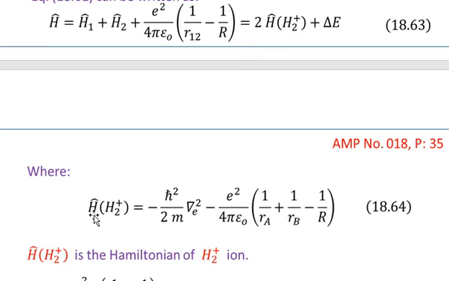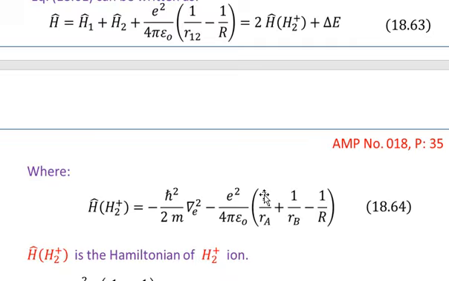That is the H operator for the singly ionized hydrogen molecule, or the molecular ionic hydrogen, which is equal to minus h bar squared over 2m del squared minus e squared over 4 pi epsilon naught, and the parentheses contain 1 over R_a plus 1 over R_b minus 1 over R.